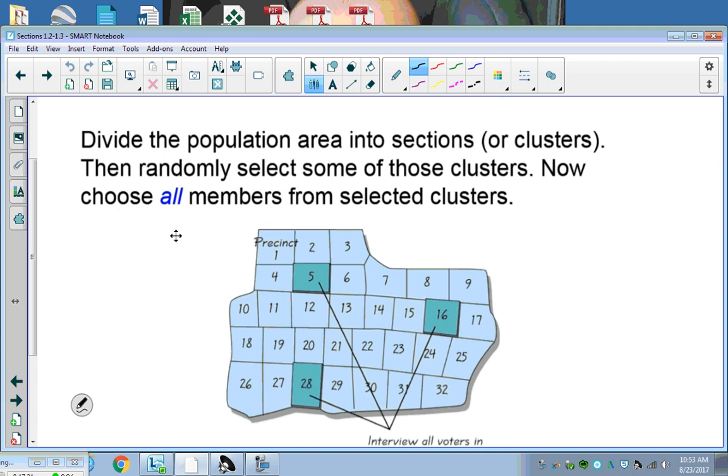And I put all those towns in a hat, and I pulled out 3 of those towns. Then I would use the entire town, everybody that lived in that town. That's cluster. Okay? So I'm taking the whole cluster of people.